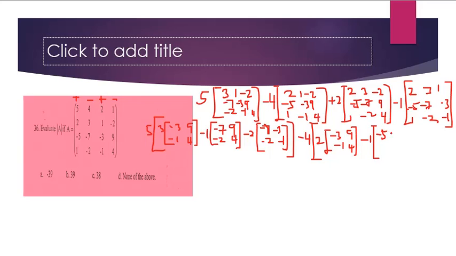Minus 5, 9, and then we have what? 1, 4. Okay, right. So let's proceed towards negative 2. We have what? Minus 5, minus 3. Okay, and then we have what? 1, minus 1. Okay, right.